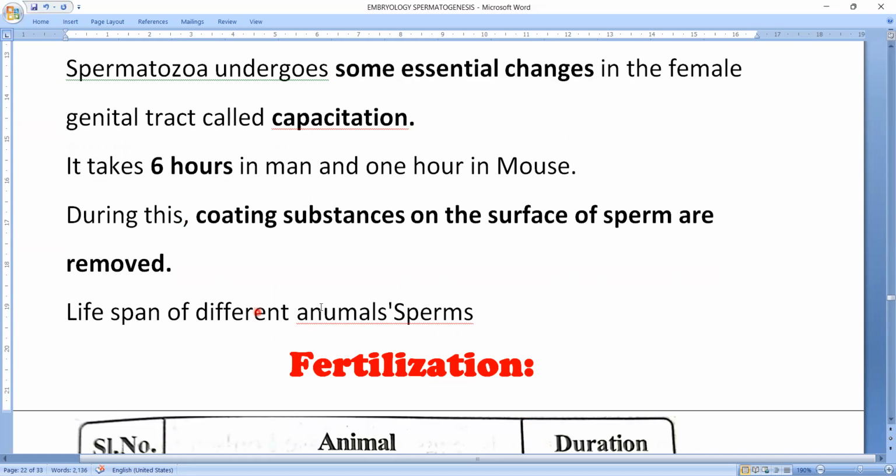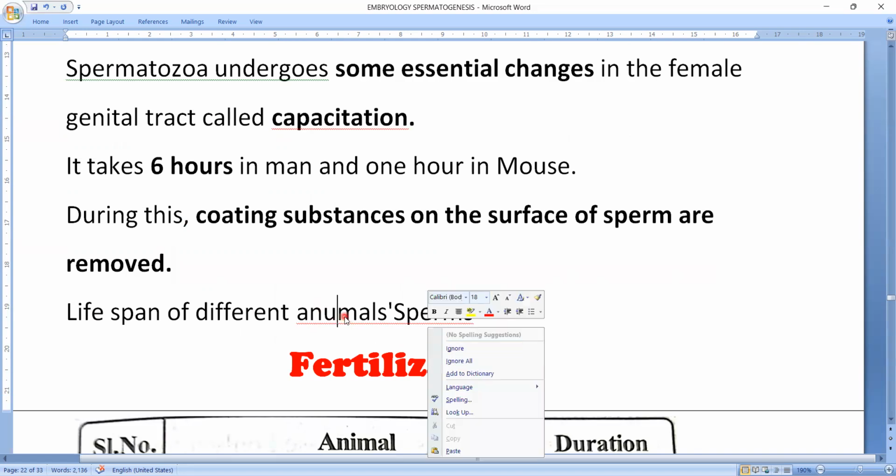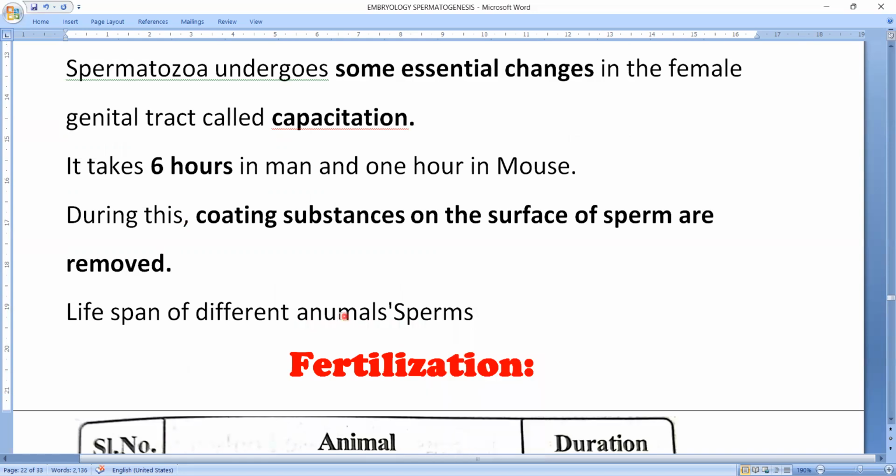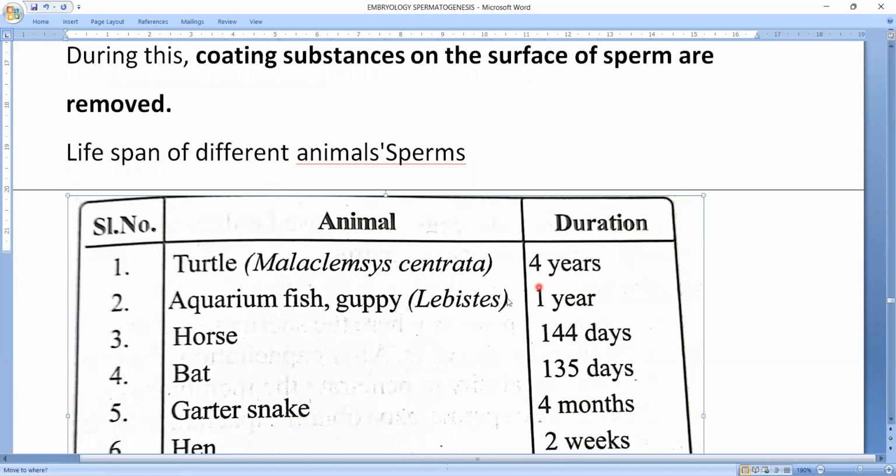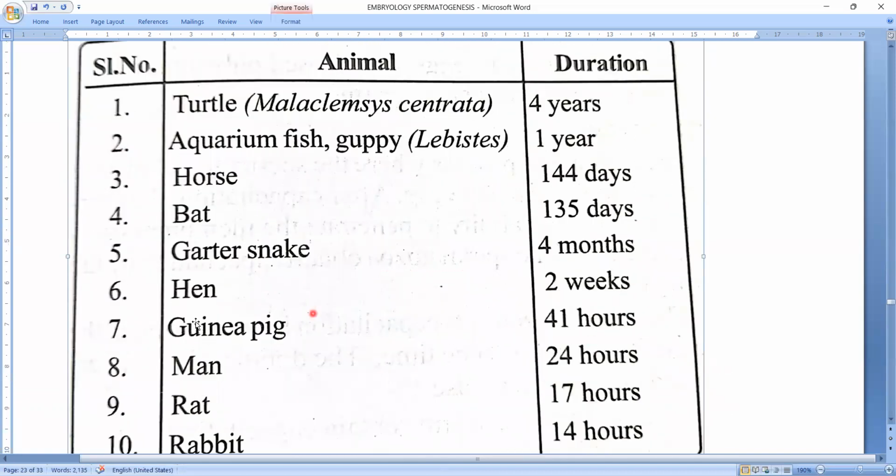So lifespan of different animals' sperms. Okay. So here man, you know, the lifespan of human sperm is 24 hours. Okay, turtle is highest, that is 4 years.